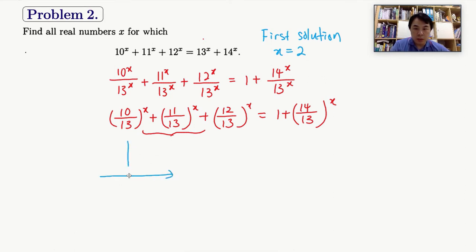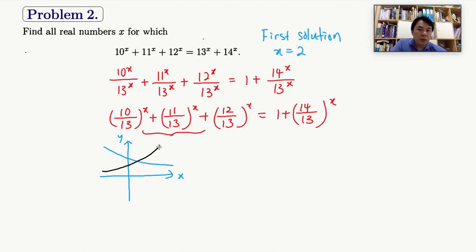Now we will get something like this. So the left hand expression, if we were to sketch a graph, because this is a decreasing function, as 13 is larger than the numerator, I may say that that is something like this. It's decreasing. Okay. If I were to sketch a graph that represents the right hand expression, we notice that this one must be increasing. For instance, something like this.